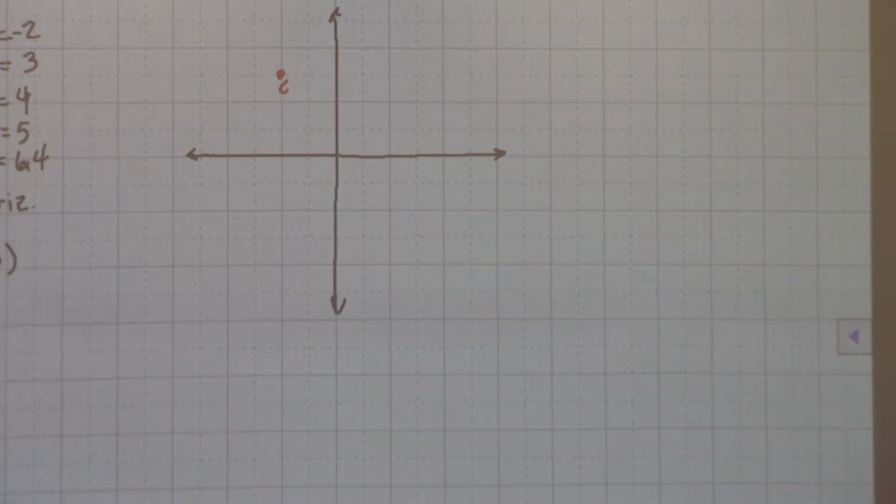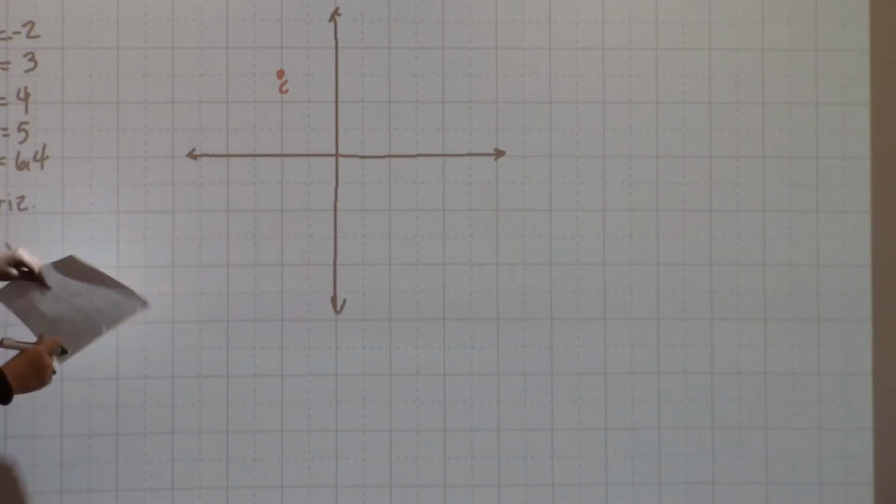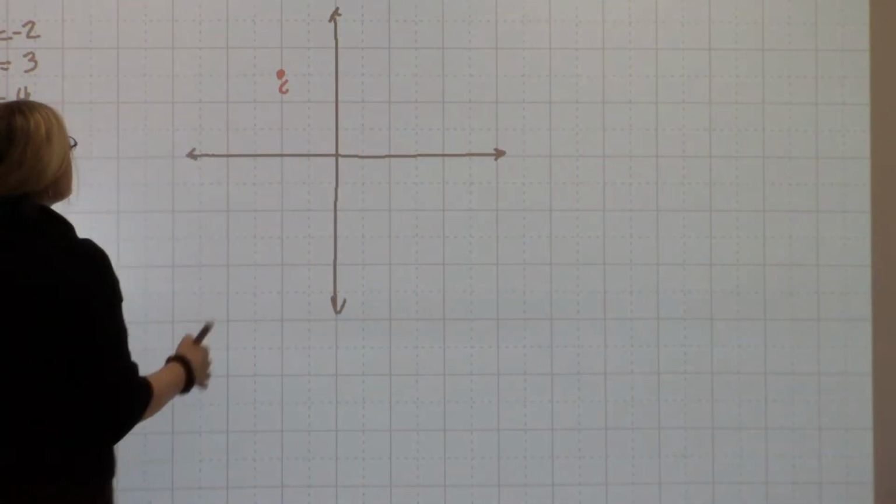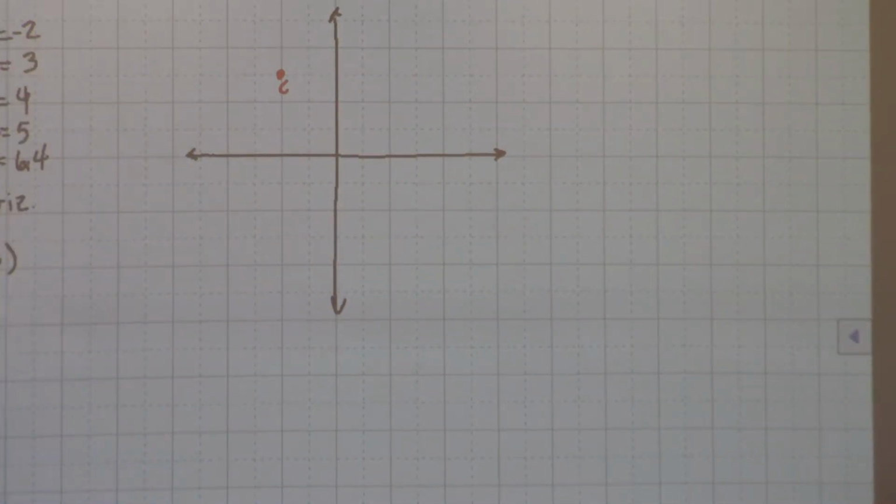Okay, now I need to do my vertices. This thing is oriented horizontally, so which one's going to be affected, the H or the K? We're moving side to side, aren't we? If it opens horizontally, shouldn't they be this way? Yeah. That would affect the X, so -2 plus or minus how much? 4. And then 3. So we are at -2 minus 4, which is -6, 3.